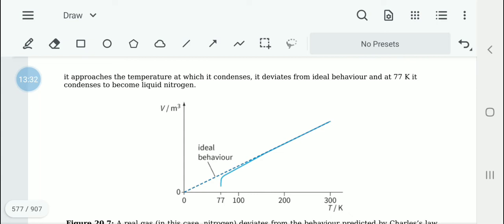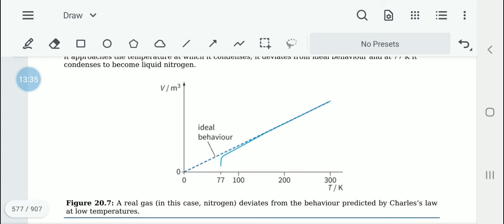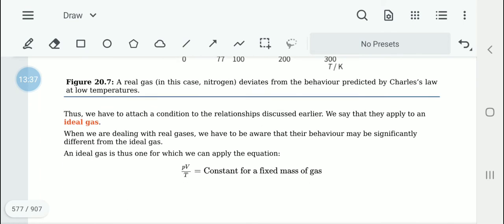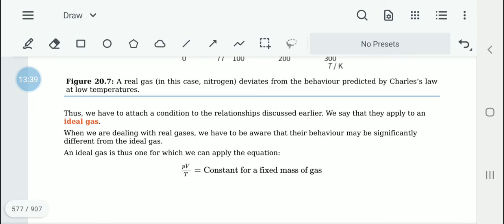So at 77 Kelvin, it condenses to become liquid nitrogen, and after that, it is no longer valid. So we have to say that it applies to an ideal gas. So the equation would apply to ideal gas. When we deal with real gases, we have to remember that it would be very much different from an ideal gas, right?